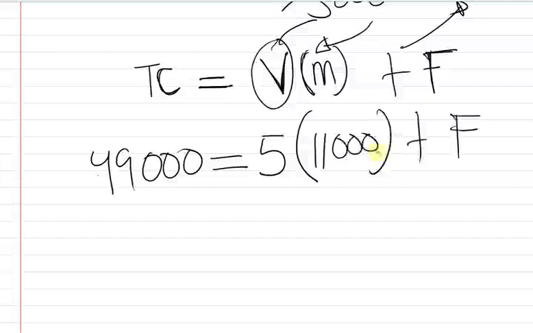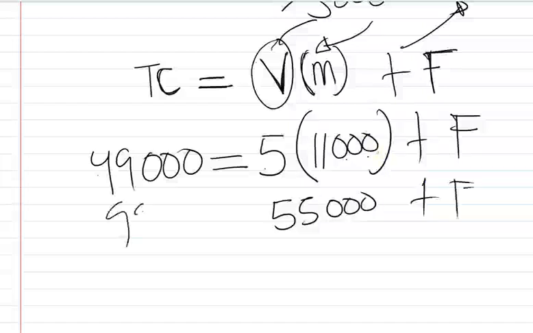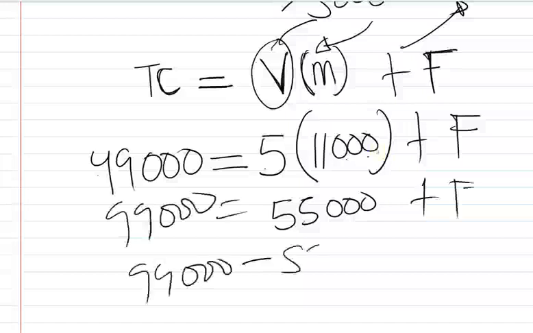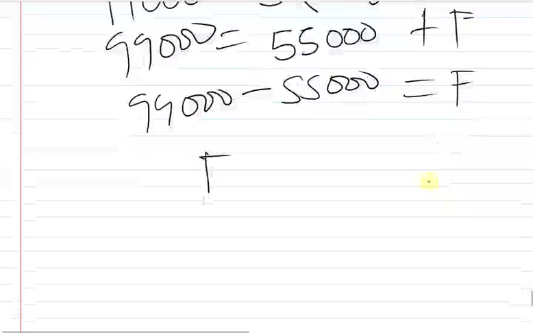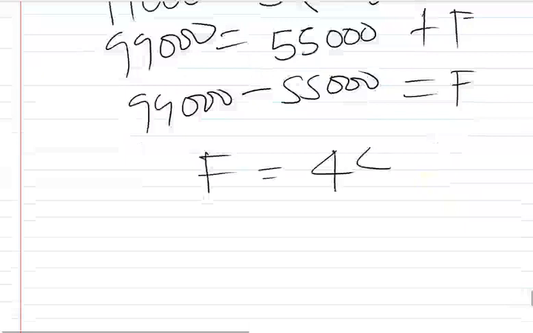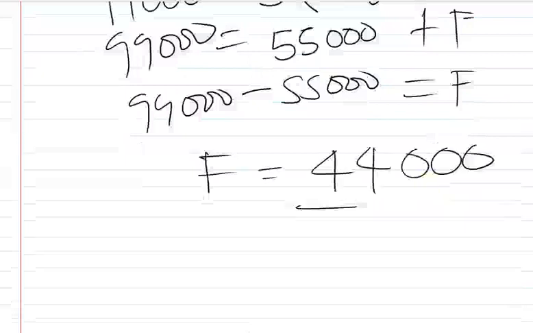So this times this will be 55,000 plus fixed cost is equal to 99,000. So when 55 crosses the line, it will be negative. So 99,000 minus 55,000 is equal to fixed cost, and the answer is 44,000. So the answer is still the same.